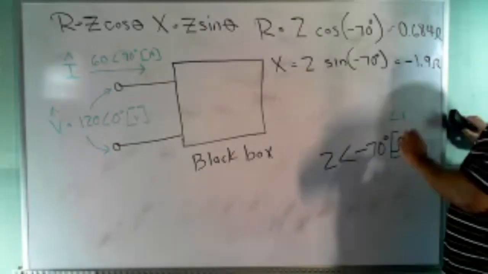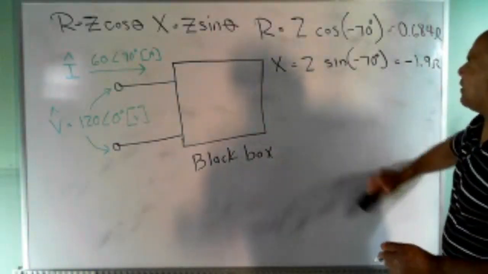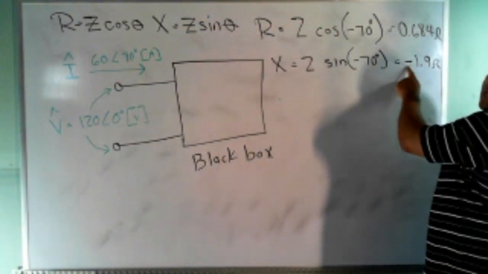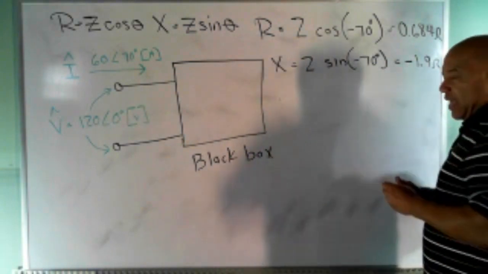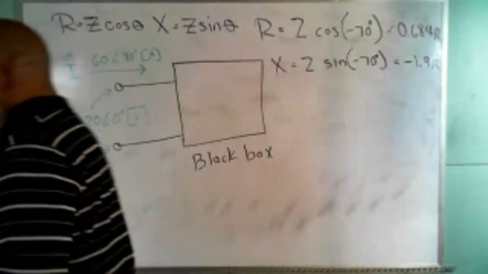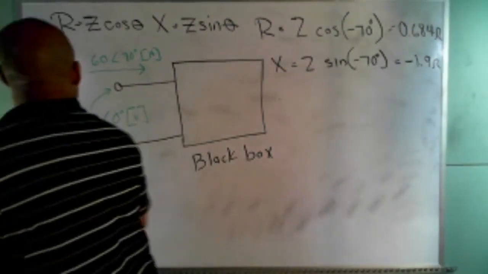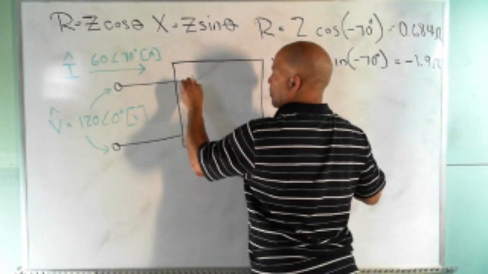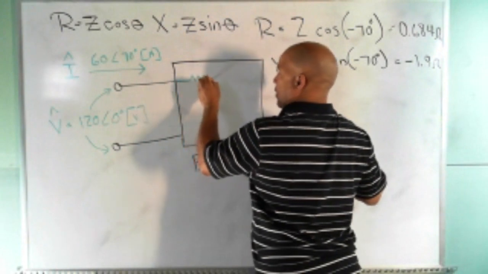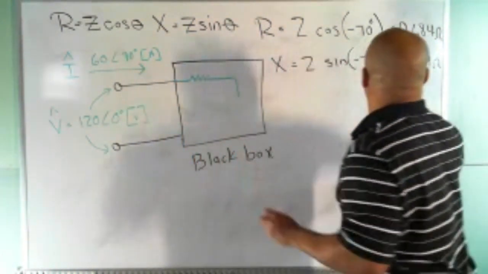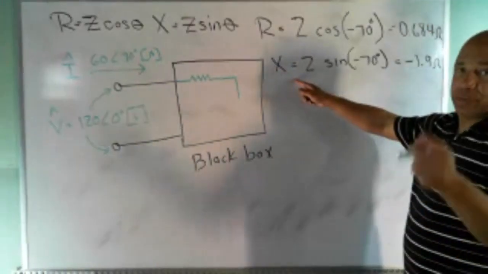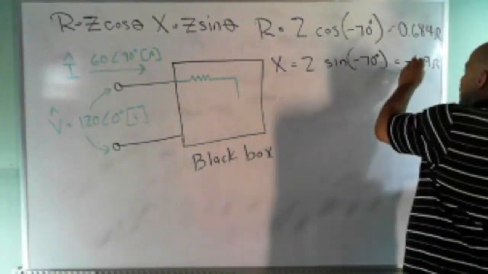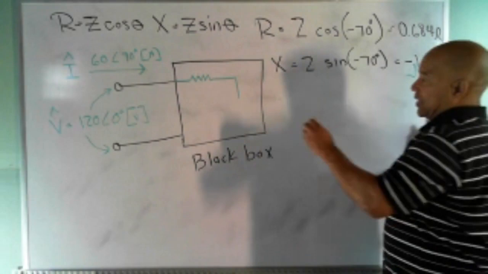Okay. So the fact that this X is negative means that here's what I have in the box. I got a resistor. And the fact that that's negative, remember for the j, you've got to supply the j. That's really a negative j, meaning that this has to be a capacitor.